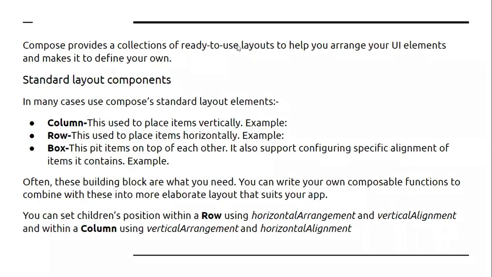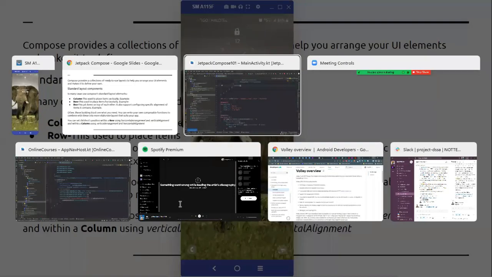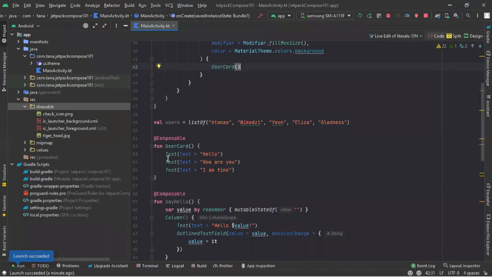But we can use those layouts to arrange your elements. The standard layout components are as follows. We have a Column. This is used to place items vertically. And as we saw in the example earlier in this SayHello content, we wrapped everything in a Column.